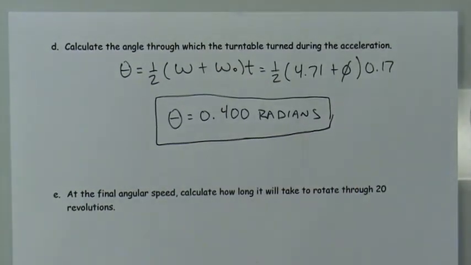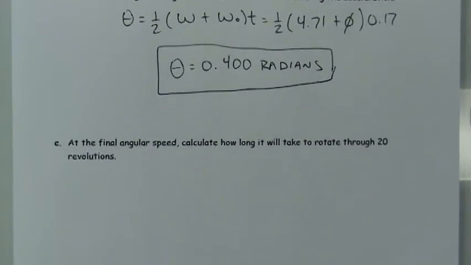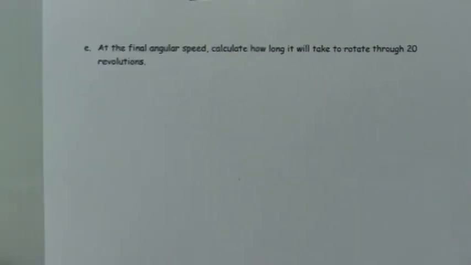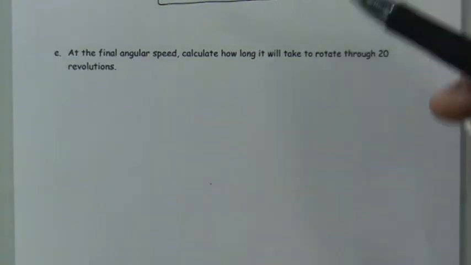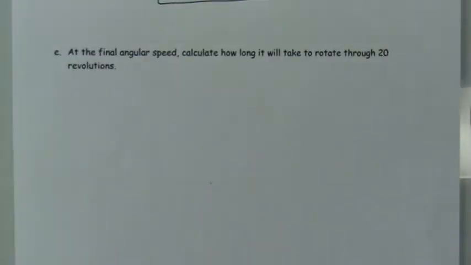So let's assume that the acceleration is over, and now the turntable is just simply turning. My final question is essentially a constant angular velocity problem: if we assume that it's at that angular speed of 4.71 radians per second, then how long would it take to rotate through 20 full revolutions?